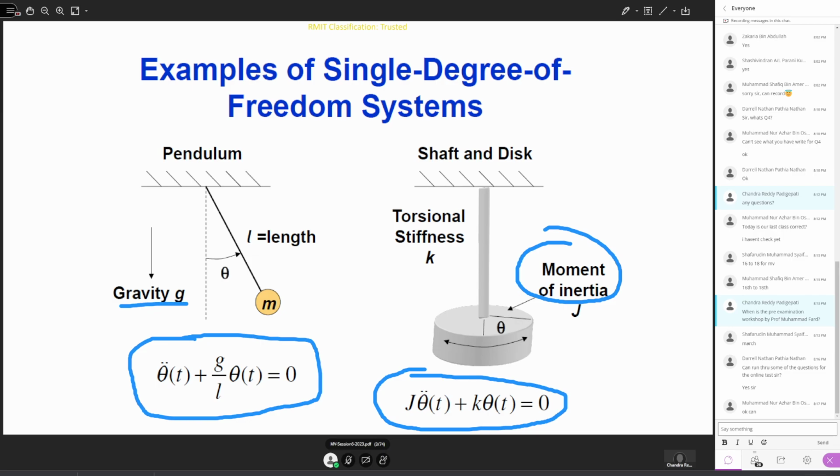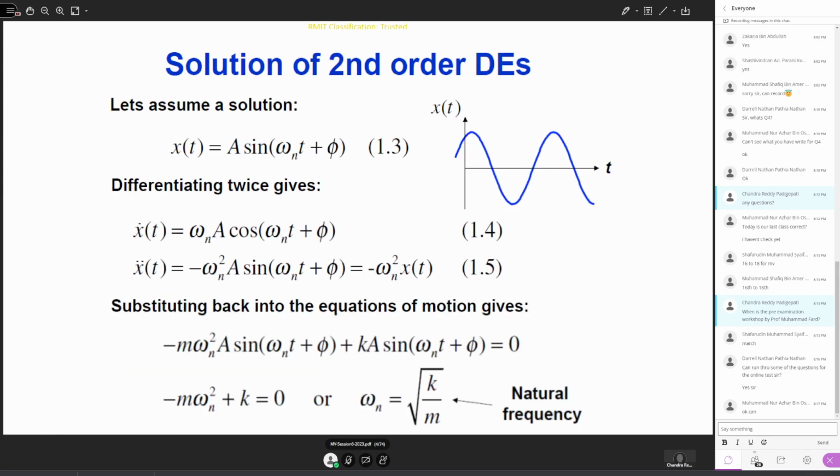So the equation of motion corresponds to a second order differential equation. Since the right hand side is 0, these are called second order homogeneous differential equations.